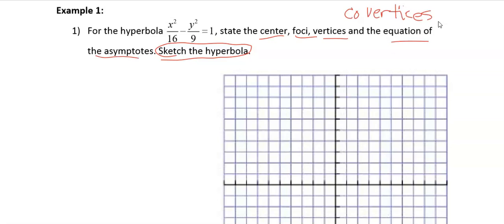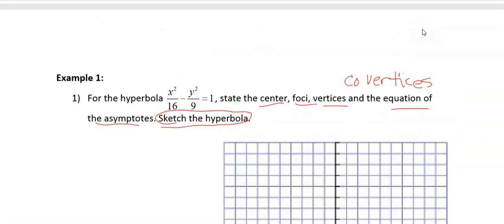Now I'll tell you one thing. Remember what I just said a moment ago about the asymptotes? Look at this carefully. I can get the slopes of those asymptotes right now without doing one single calculation. The slopes are going to be plus and minus. Now look at what's under the y and what's under the x. Remember, that's a squared and b squared though, so you have to take their square roots. I should have mentioned that on the previous page.